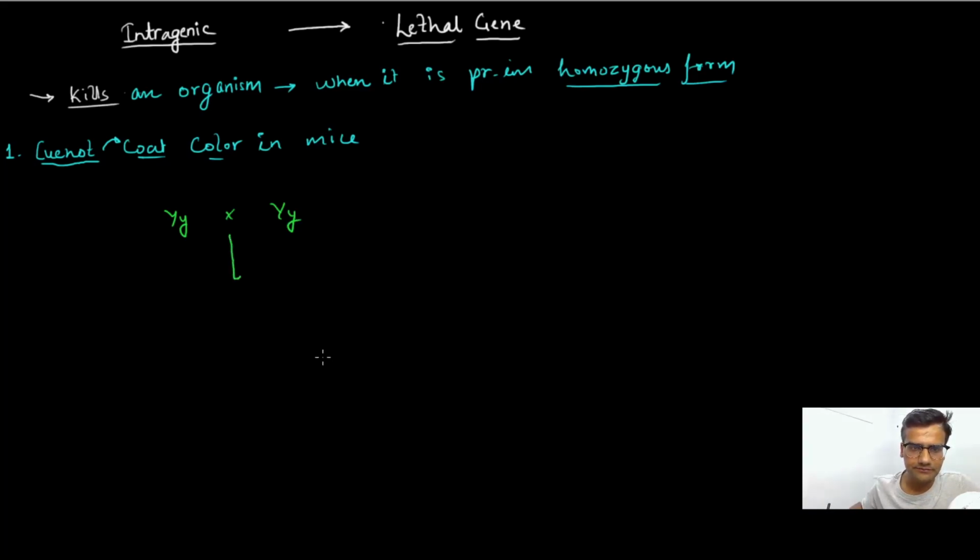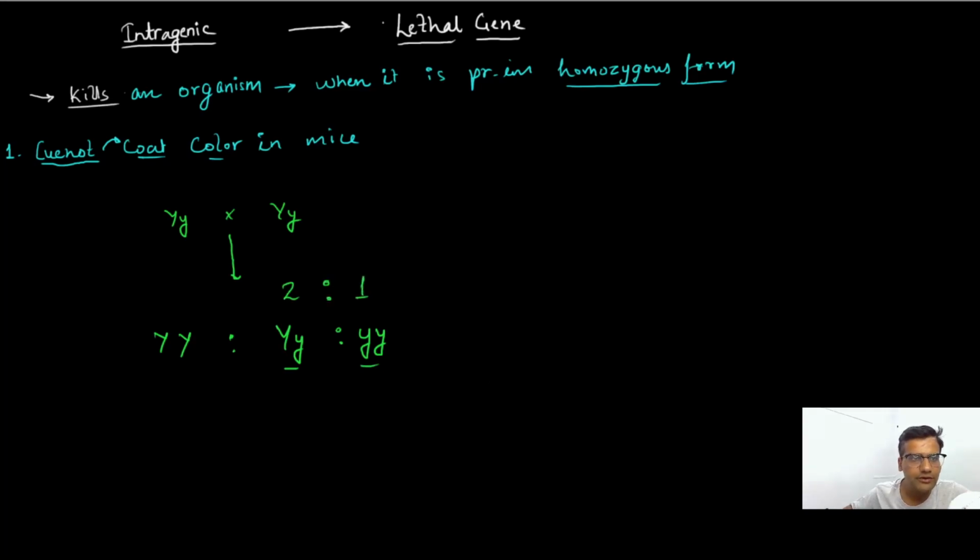Then the resultant ratio in the next generation should be capital Y capital Y, capital Y small y, and small y small y. But when these organisms are crossed in heterozygous form, the ratio comes out to be 2:1.